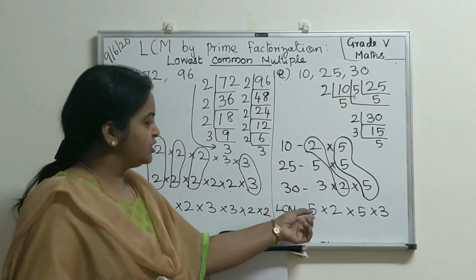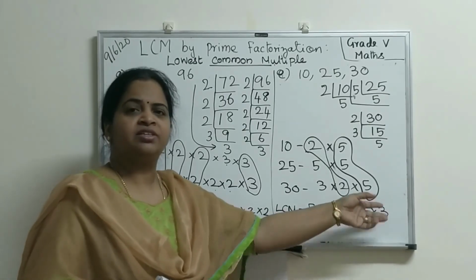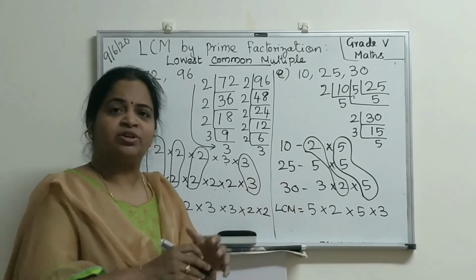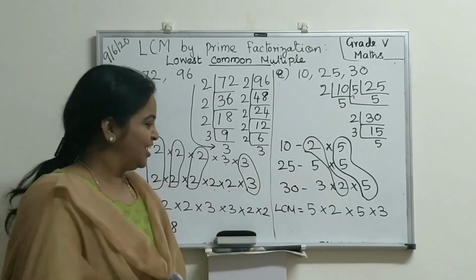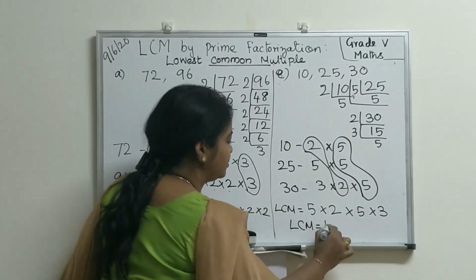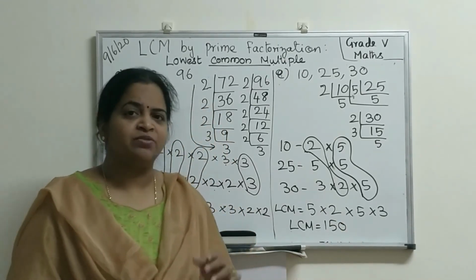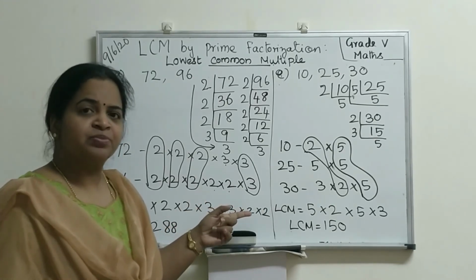So multiply this. 5 2s are 10. 10 5s are 50. 5 3s are 150. If you cannot tell like this, you can multiply on the right hand side and do it. Okay. What is the LCM? LCM is 150.